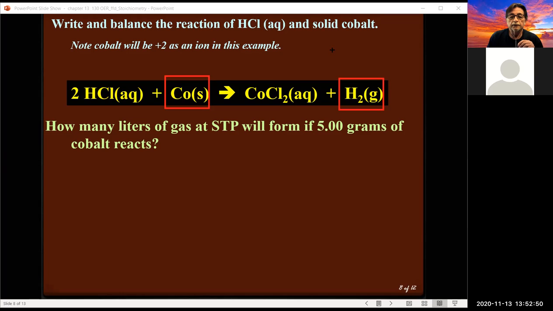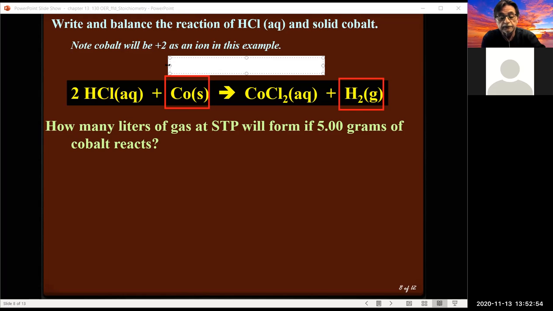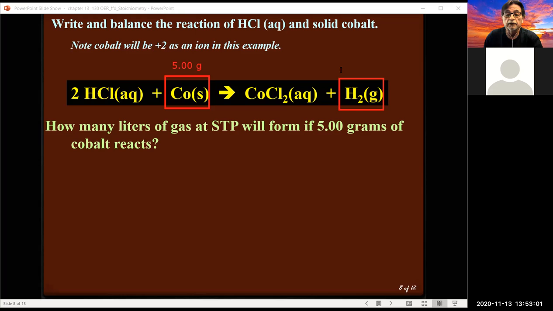We start off with 5 grams of cobalt, and they're asking how many liters of hydrogen are created.